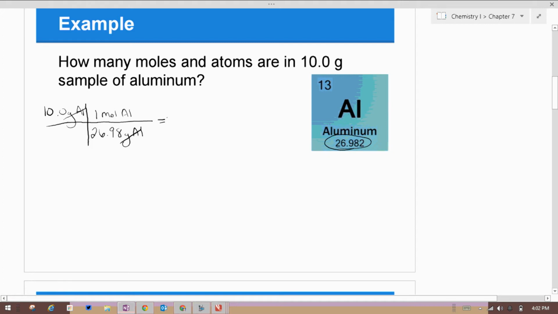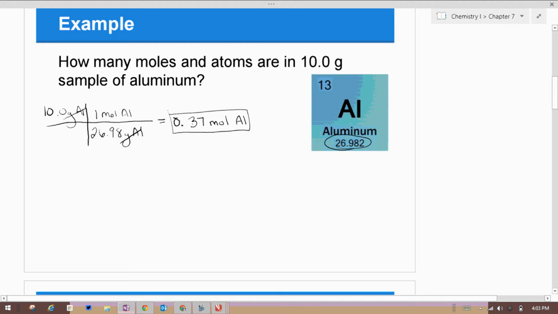So now in our calculator we're going to type in 10.0 divided by 26.98. We get a nice long decimal, but we're going to round everything to 2 decimal places. So we get 0.37 moles of aluminum.